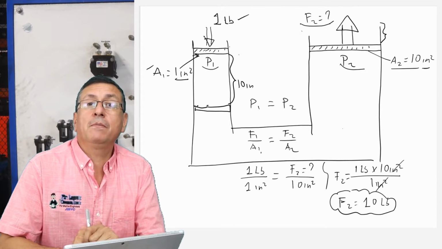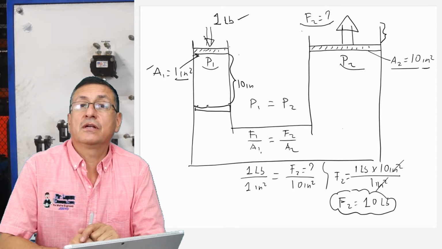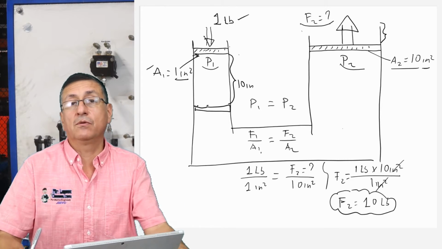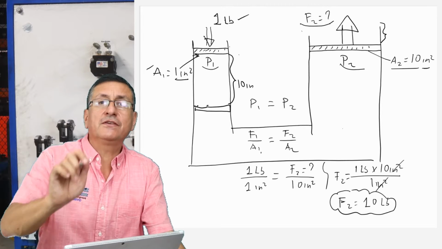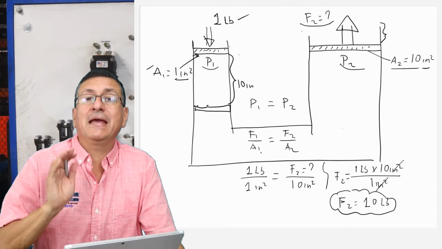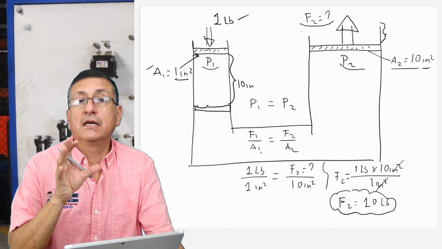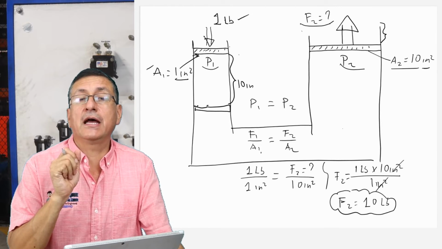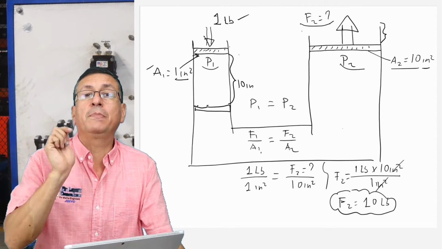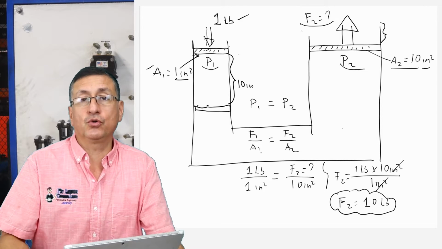You only apply 1 pound on one side, and on the other side you have 10 pounds. All of this is possible basically because the fluid is a hydraulic fluid, and because the system is completely hermetic, completely closed.